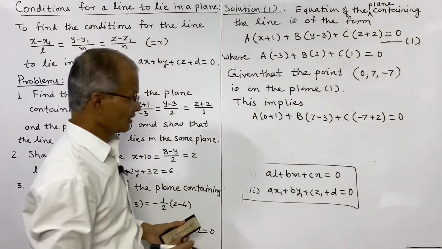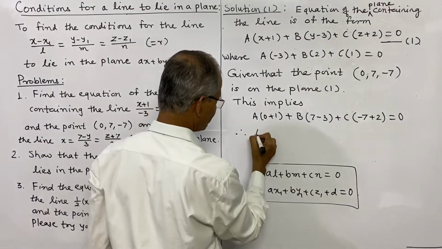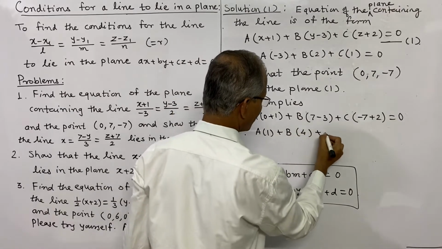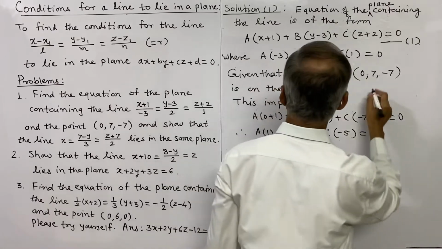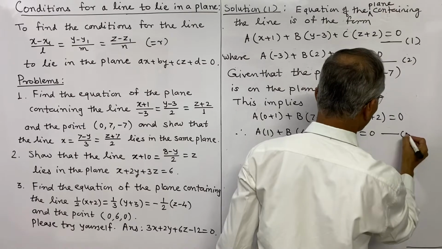And what does that give? This gives a into 1 plus b into 4 plus c into minus 5 is equal to 0. We suppose this equation as second and this as 3.